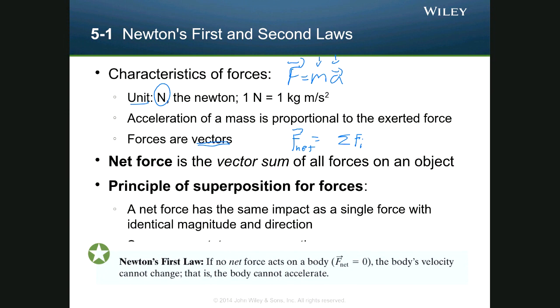So when we look at this expression here, it will have my weight and my normal force and all the other forces acting on me that may or may not be there. We'll define the normal force a little bit better in a minute.